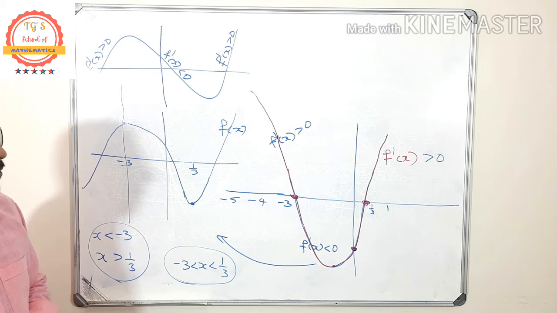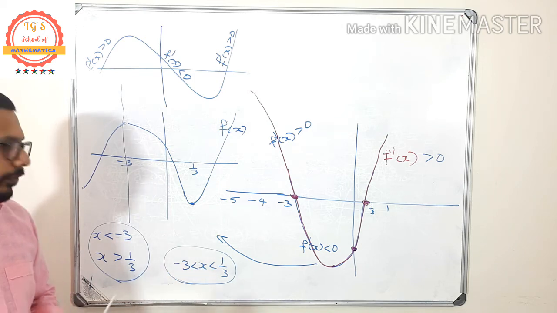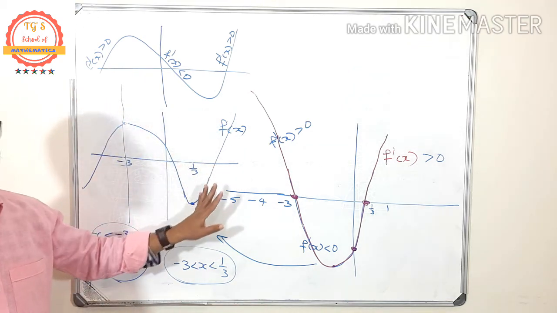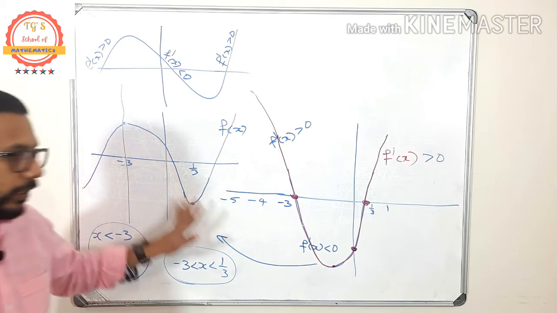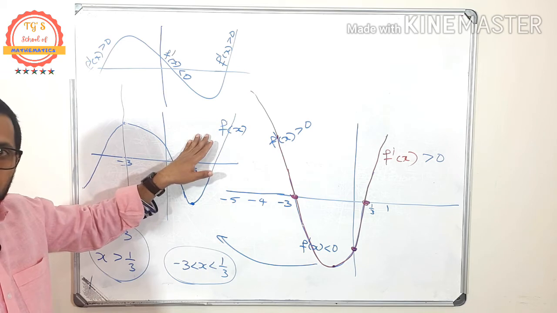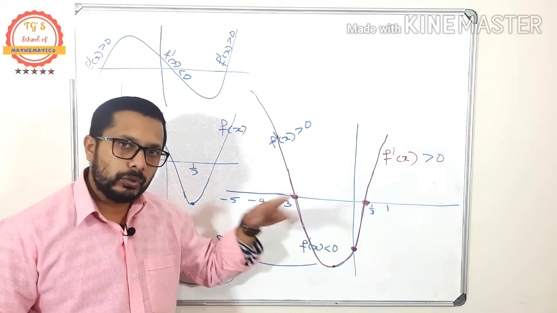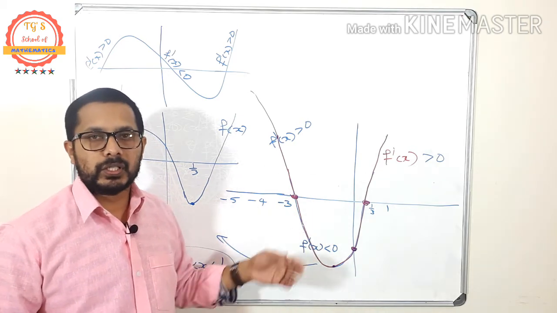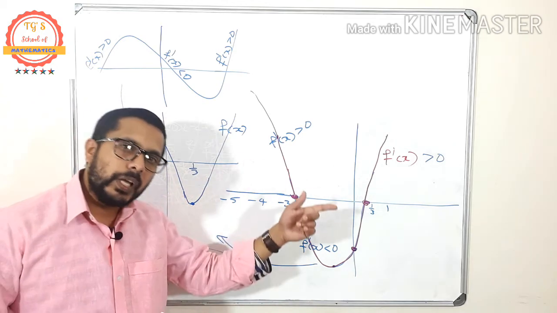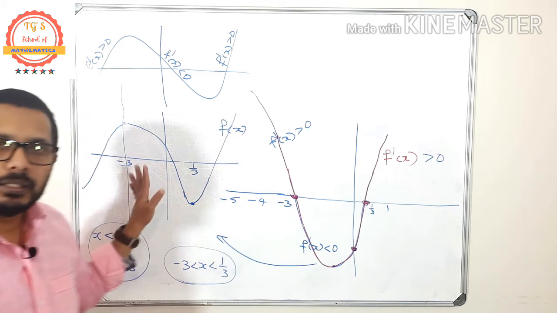Now, when you have a question like this, you don't want to think this much, and this is what I was trying to explain: how to draw an original graph f of x when f dash of x is given. So you go through this once more and try to understand how to draw an original graph f of x if the f dash of x graph is given like this. Okay, that is the method.